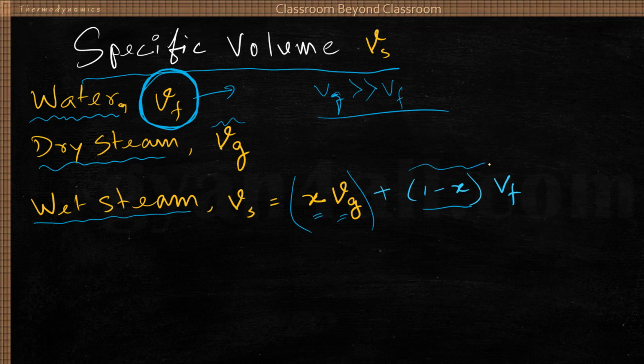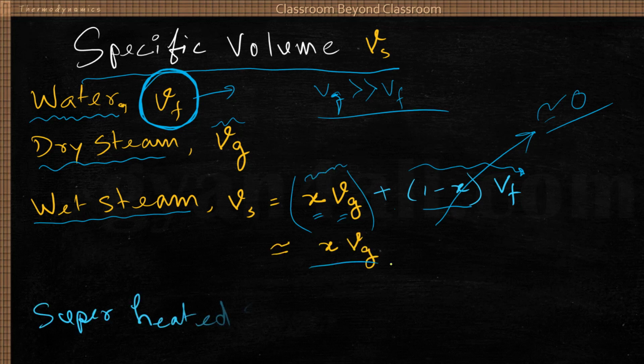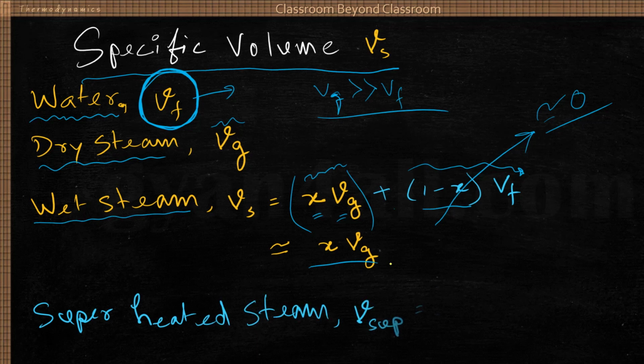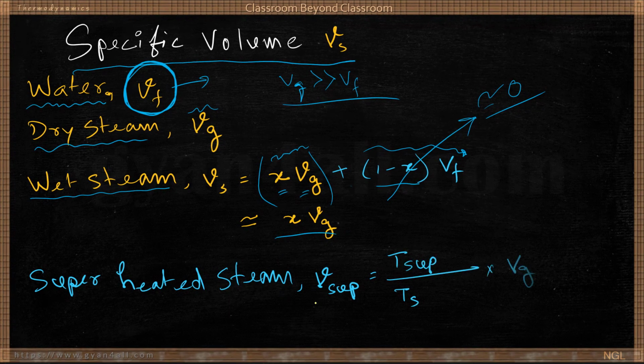This is the volume of water particles suspended in the wet steam, which is considered to be 0 for all practical purposes. That means it remains x into Vg. If it is superheated steam, then the specific volume of superheated steam is T sup divided by Ts into Vg.